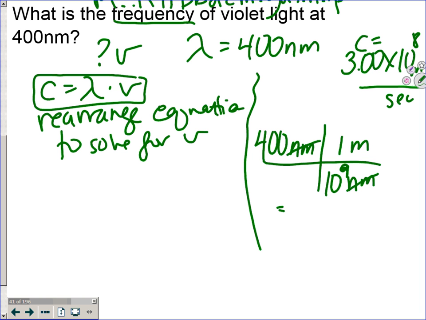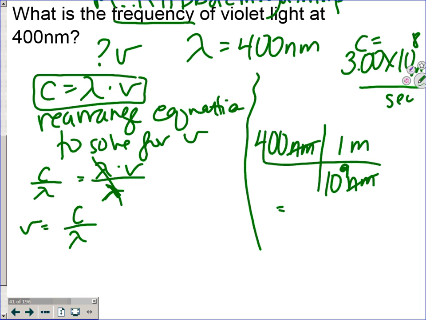We divided that by the wavelength. Let's use our terms. Dividing by the wavelength on both sides gave us C over wavelength is equal to this, but wavelength over here cancels out. So V now equals C over wavelength. I just rewrote it so I can work with it better.